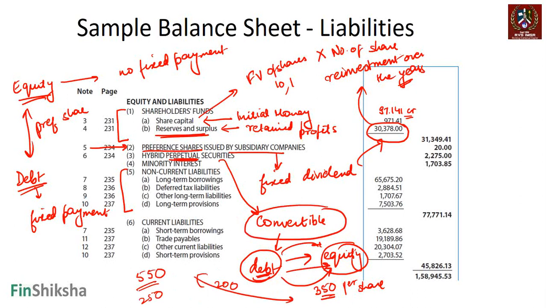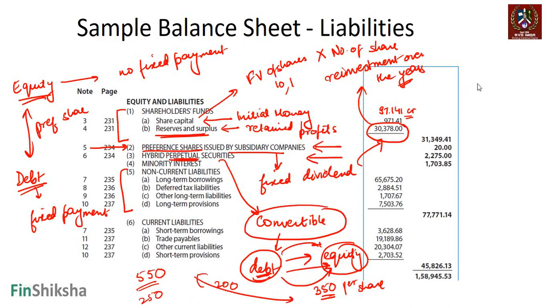A lot of these complicated structures are available only with complicated balance sheets like Tata Steel. In a lot of the simpler companies, you will not even find these two headers. So the reason we took this particular balance sheet was that we get introduced to some of these terms. It is not necessary for us to know these terms at this stage. If we know, great.